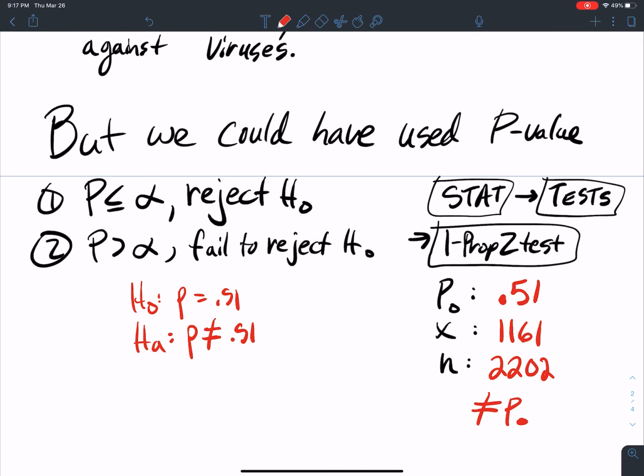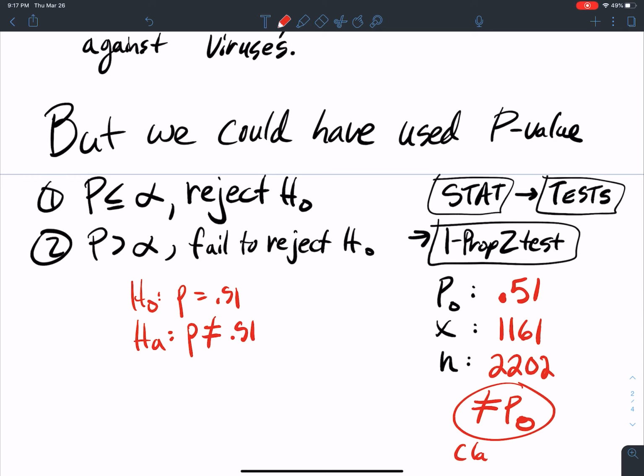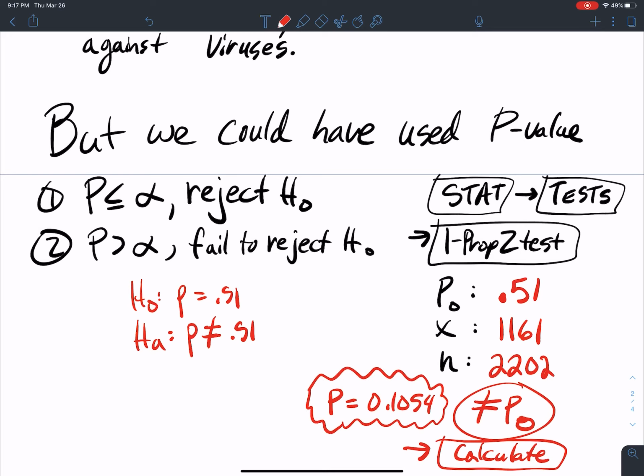Then hit calculate, and it's going to spit out a p-value equal to 0.1054.